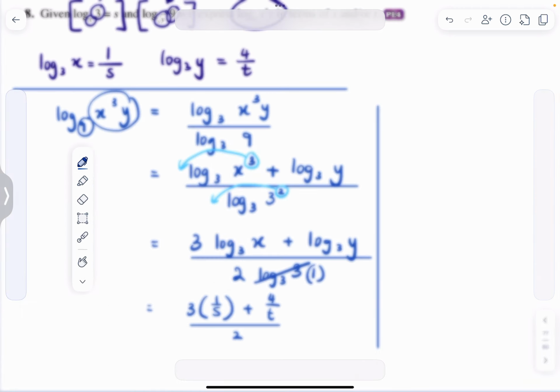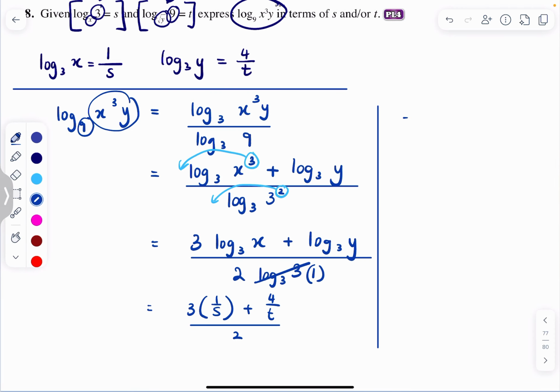Then we try to expand this. So this becomes 3 over s plus 4 over t, divided by 2. So let's try to make the denominator the same. Or actually, you don't have to. 3 over s divided by 2 is 3 over 2s. 4 over t divided by 2 will be 4 over 2t.